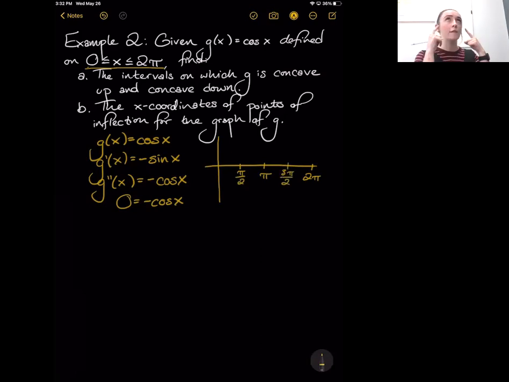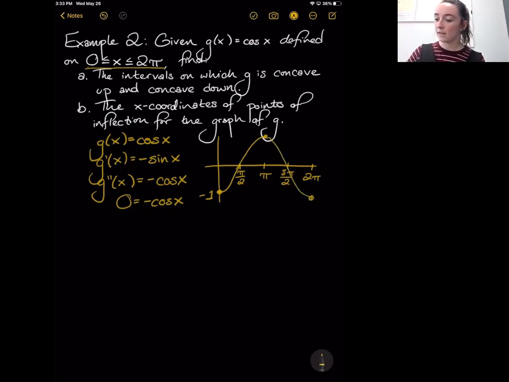Well, I know that the graph of cosine of x begins at y equals 1. That's its y-intercept. So the graph of negative cosine of x must begin at -1. And then it will oscillate upwards and downwards, just like we know the cosine wave does.